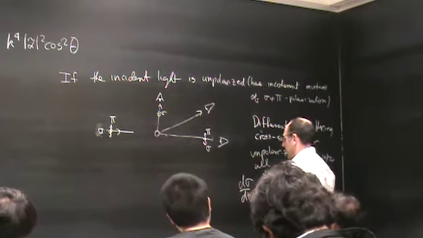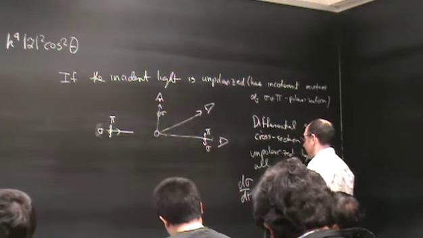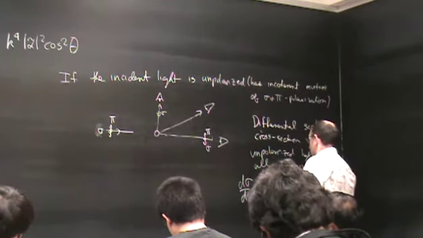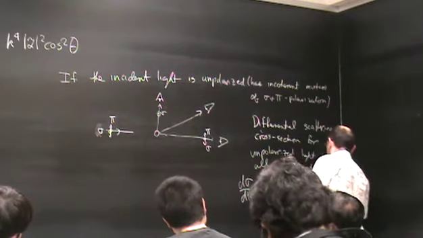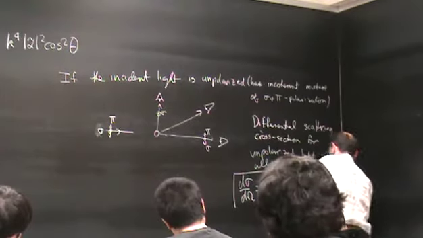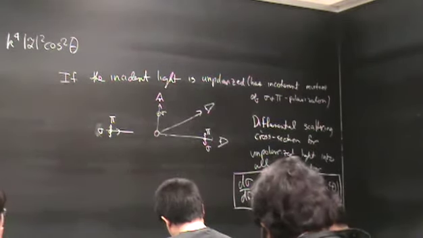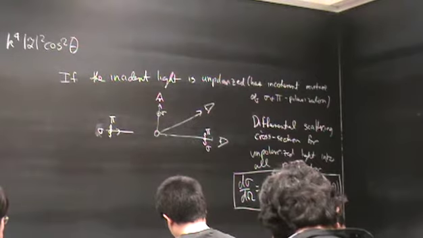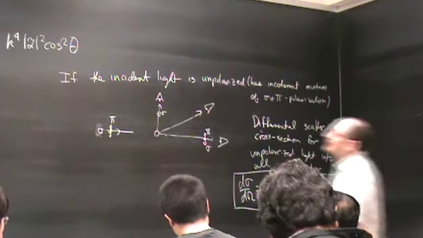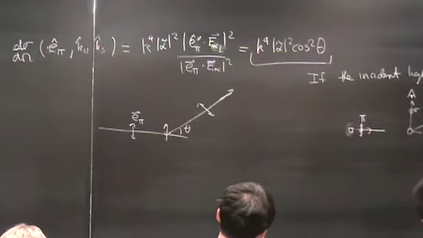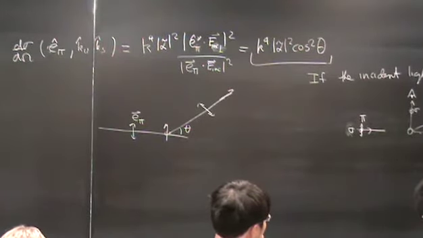Then the sigma d omega is the average of these two. Half of the intensity comes in as sigma, and half of it comes in as pi. So we just average them. All right.